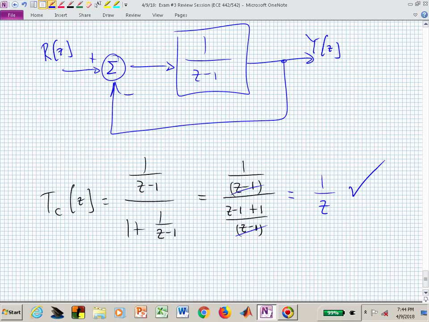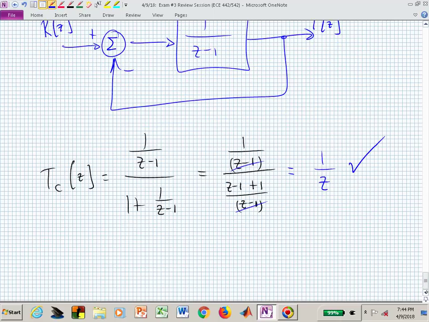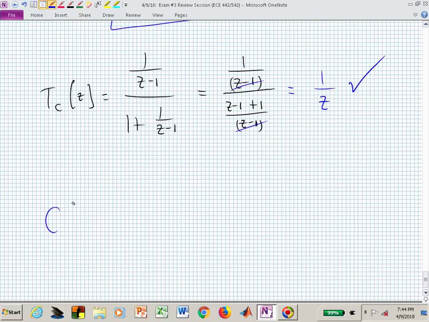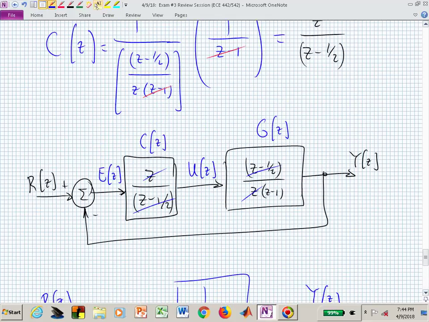But what is your controller? So now you've verified that that controller does produce the desired closed loop behavior that you said you were going to achieve: 1 over z. C of z is right there.